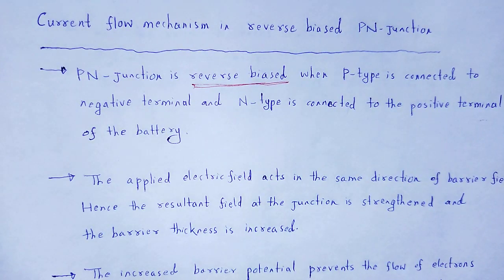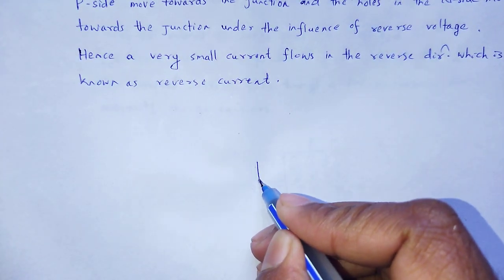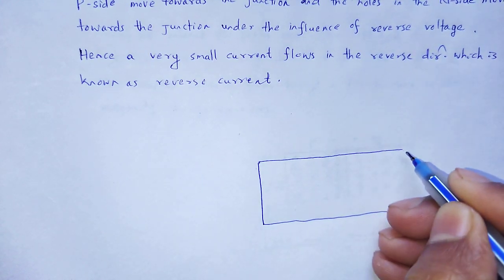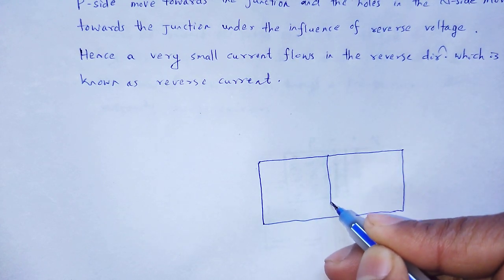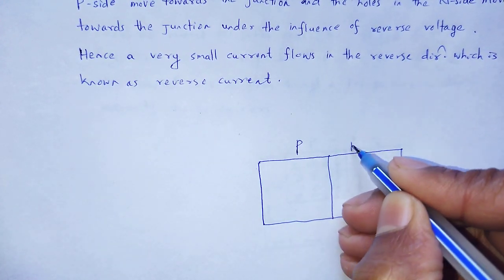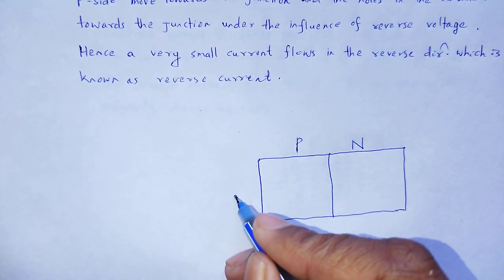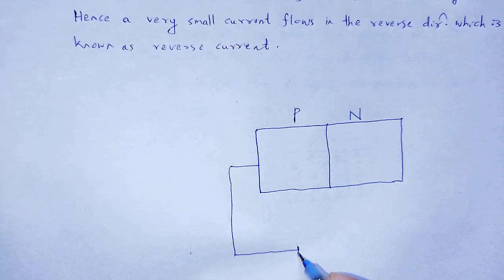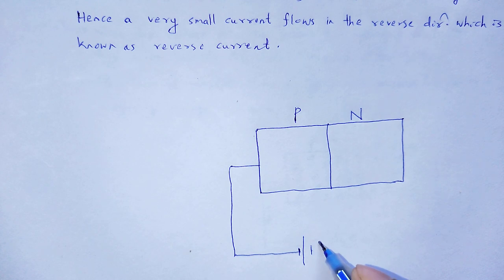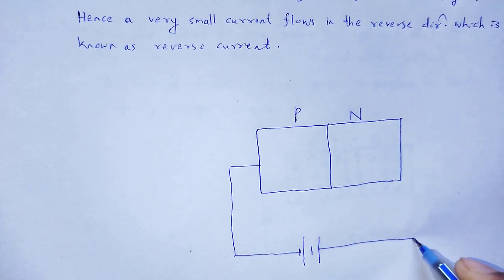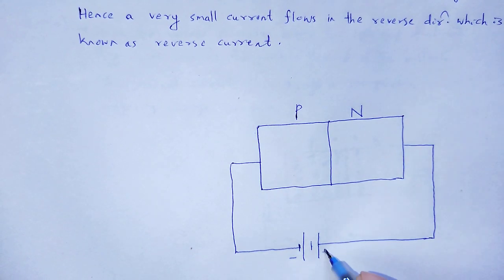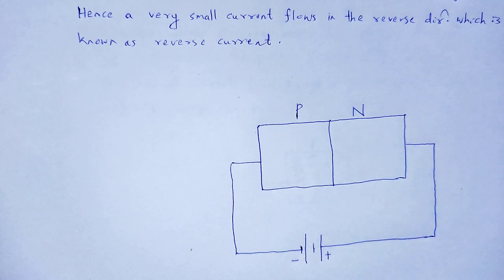Let me take a p-n junction. Its p type is connected to the negative terminal of the battery, whereas its n type is connected to the positive terminal of the battery, and that type of biasing is called reverse biased.